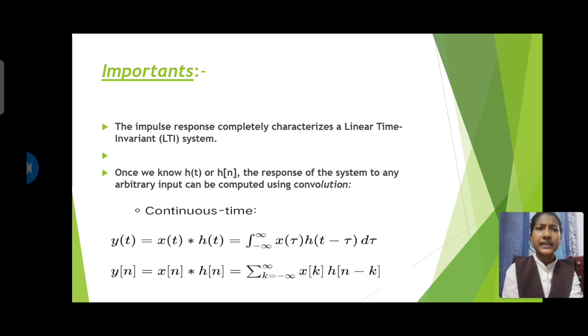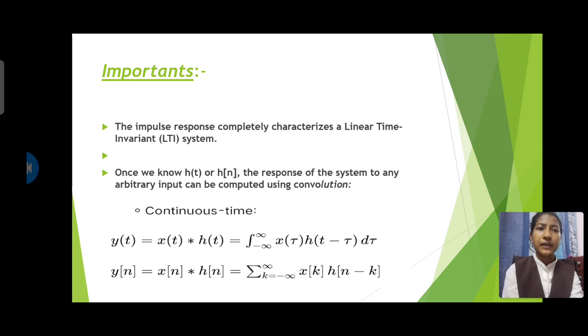The impulse response characterizes a linear time invariant system, which is LTI system. Once we know h of t or h of n, the response of any arbitrary input can be computed using convolution.